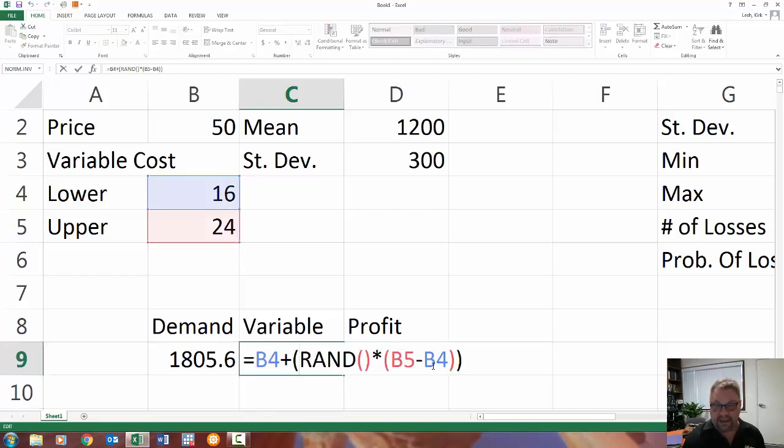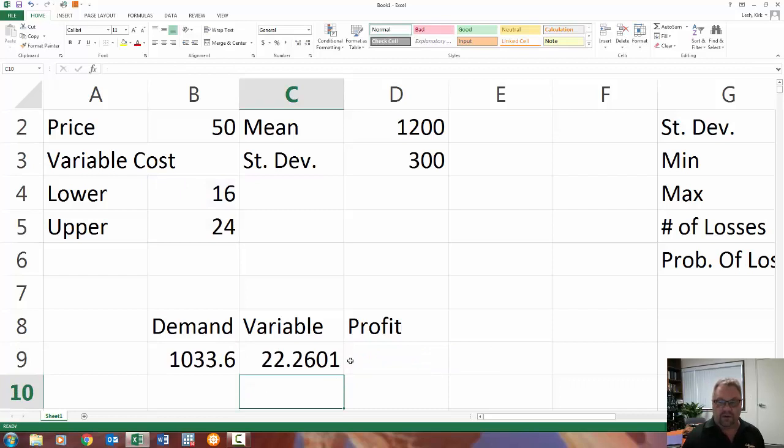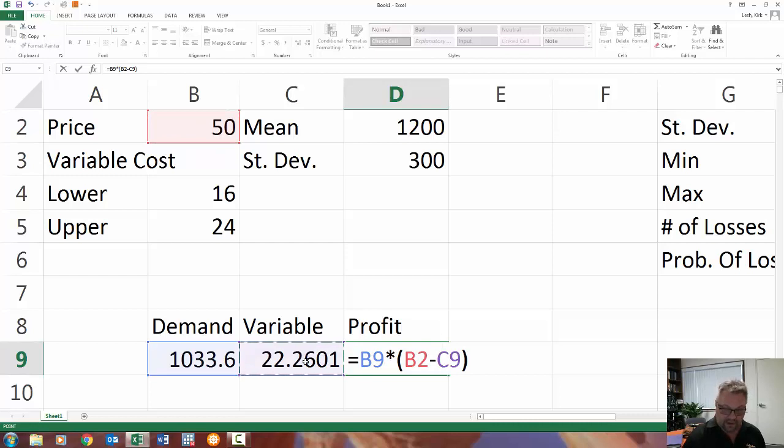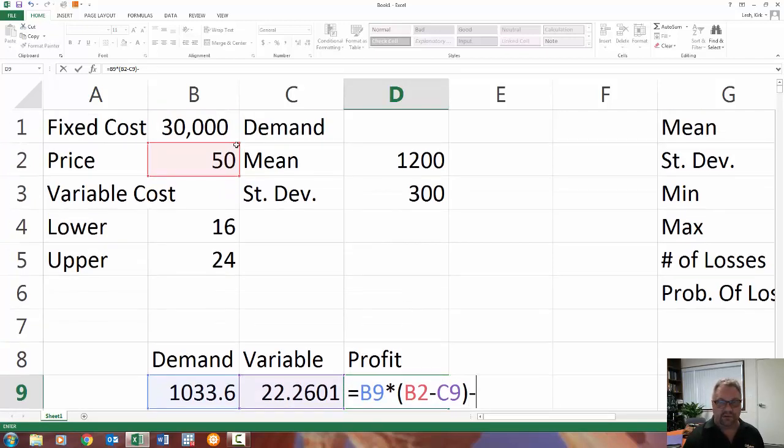And then I've got to anchor the bounds, so I need to put a dollar sign here, here, and here. Okay, and then my profit is going to be my demand times my price minus my variable cost, and then subtract from that my fixed cost, which is right there. There you go, there's my profit.